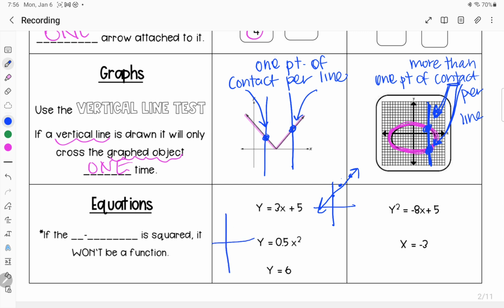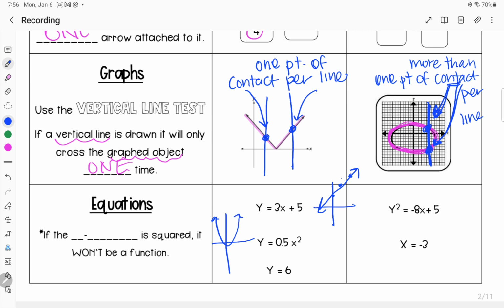This next one is going to look something like this. So it's going to be like a U shape. And again, if you were to draw a line from here to here, I'm not worrying about if it crosses my X and Y axis. I'm looking at the picture or the object that was graphed. How many times, if I draw a vertical line, would it come in contact with my blue graphed object right here?